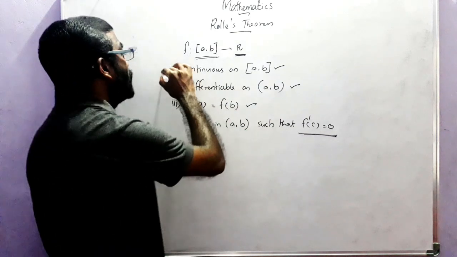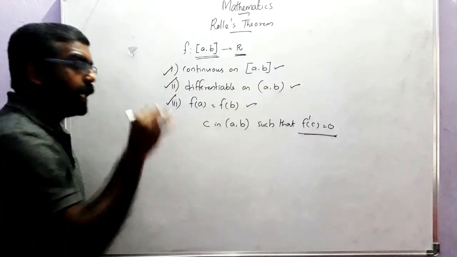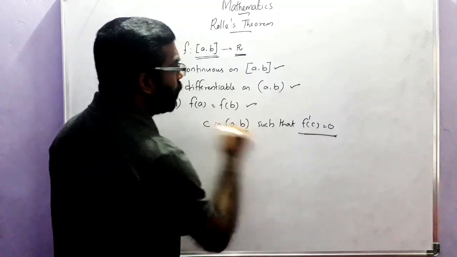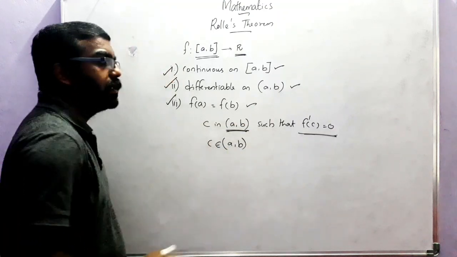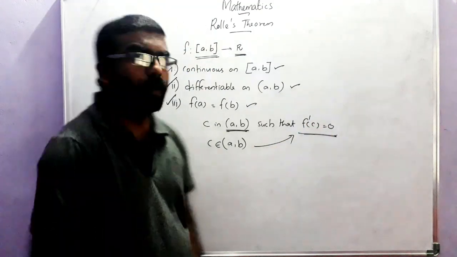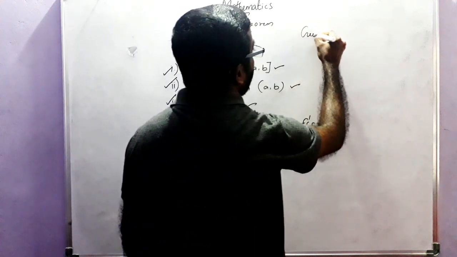If the three conditions are satisfied, then there exists some real number c in open interval (a, b) such that f dash of c is equal to 0. Okay, understood? Now look at the geometrical interpretation.